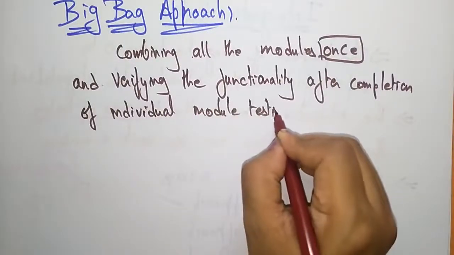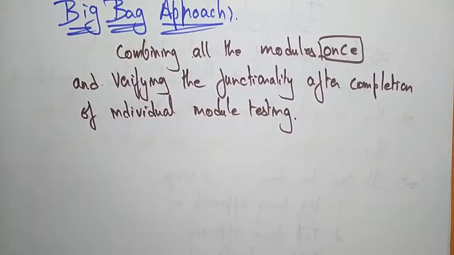So that is the Big Bang approach. The main thing here is you have to combine all the modules once and verify the functionality after the completion of individual module testing.